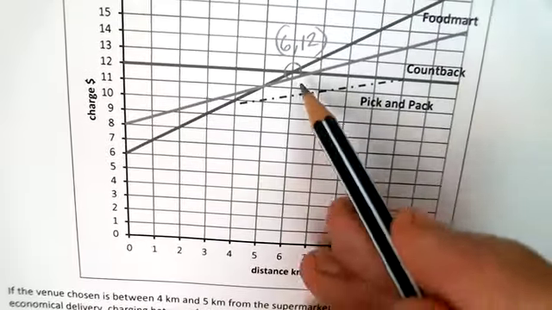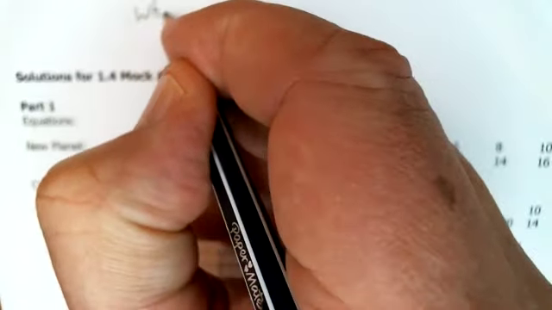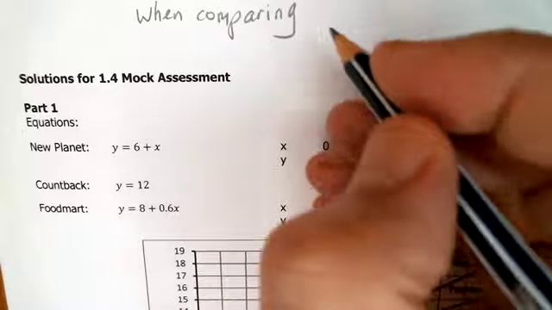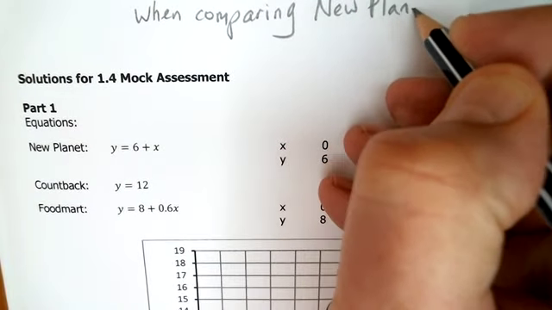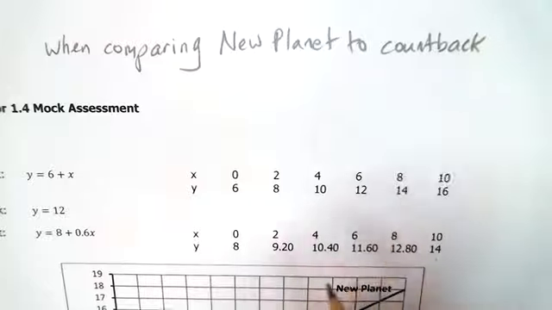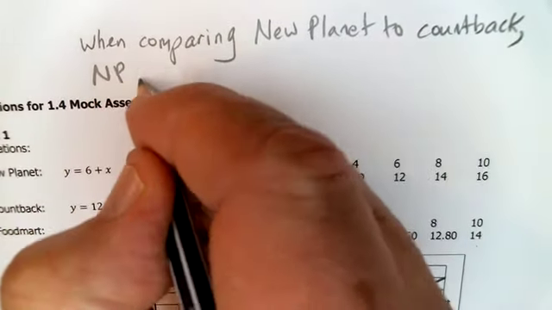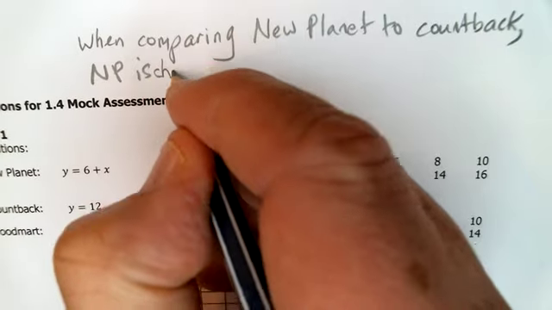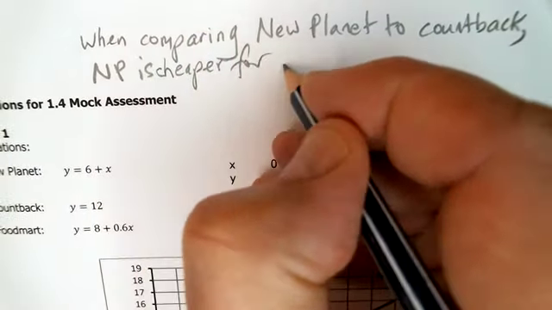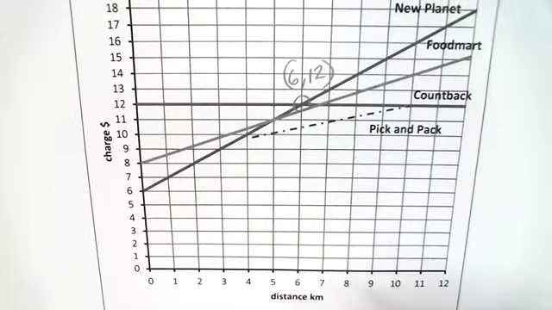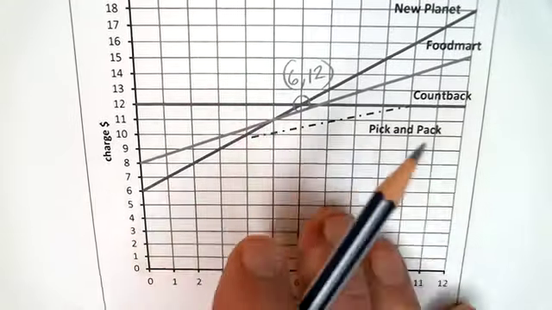When comparing New Planet to Countback, NP, New Planet, is cheaper for distances less than 6 kilometers. So just less than 6 kilometers, it's cheaper.